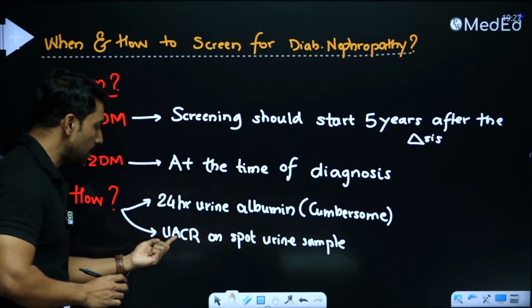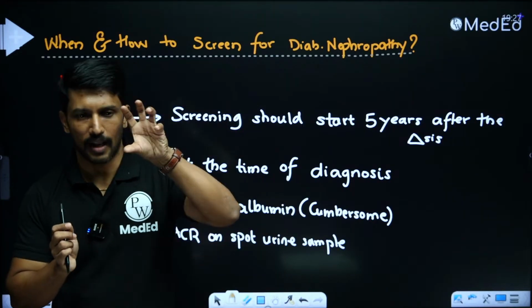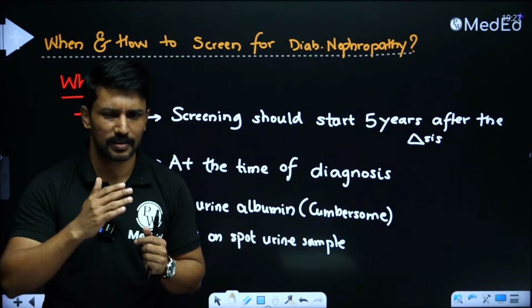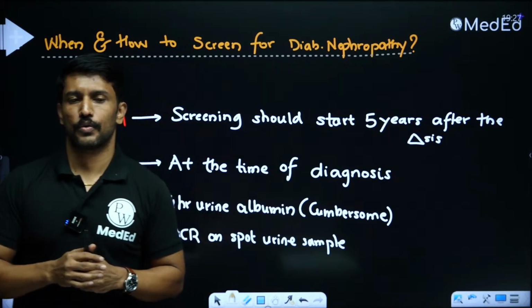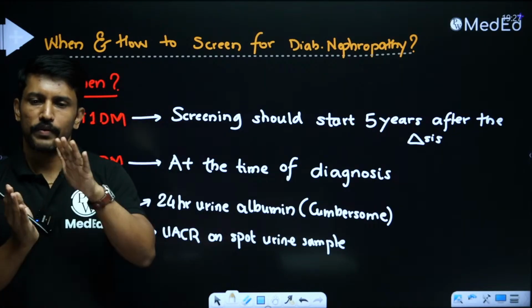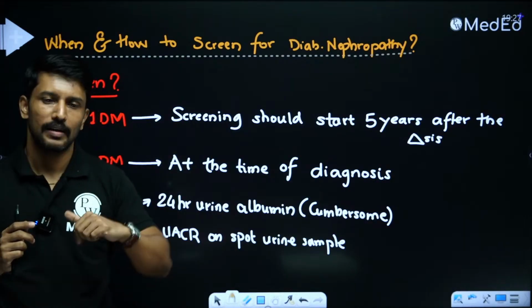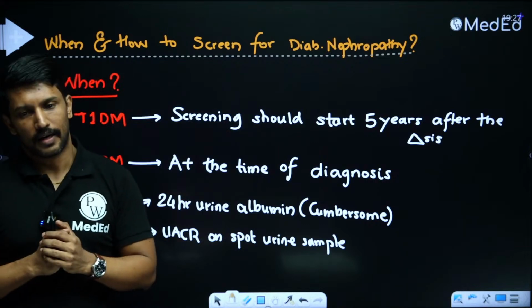UACR stands for urine albumin creatinine ratio. Means in the urine we will calculate how much is the albumin, how much is the creatinine. Because you know creatinine we excrete in urine, and in the diabetic nephropathy we may be excreting albumin also in the urine. Now we will take one sample. We are not collecting 24 hours of urine. We take one sample, calculate how much is the albumin and how much is the creatinine, and take that ratio.